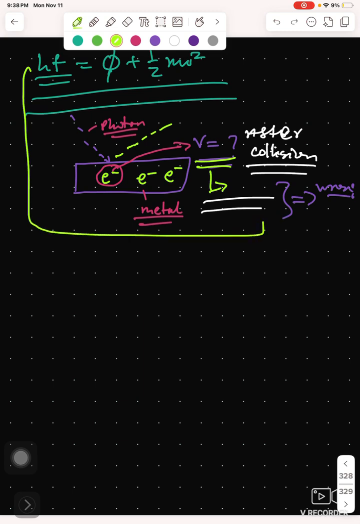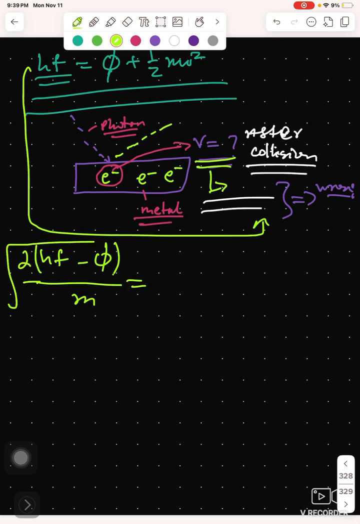If we rearrange, m goes down here, so 2 over m, and the square root gives us the velocity of the electron.